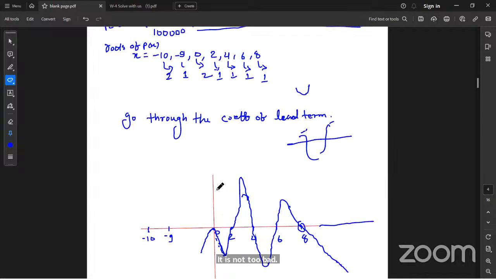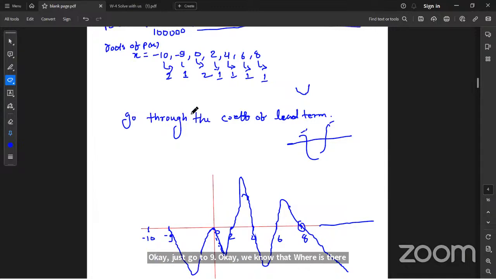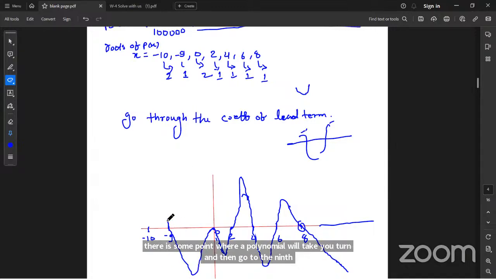Okay, just go to 9. We know that there is some point where the polynomial will take a U-turn and then go to the minus 9. Just see the multiplicity of minus 9. It is 1, so it will behave like linear.